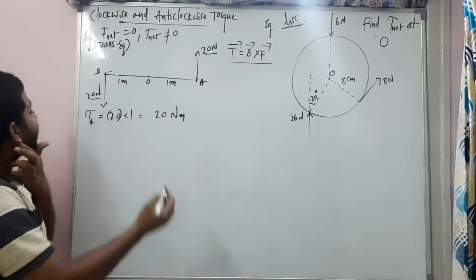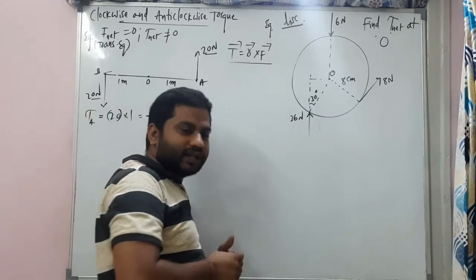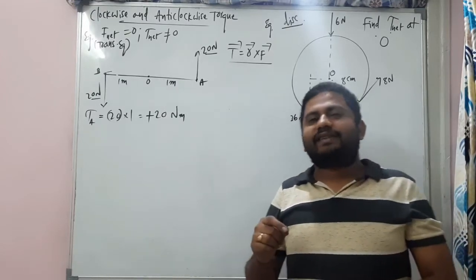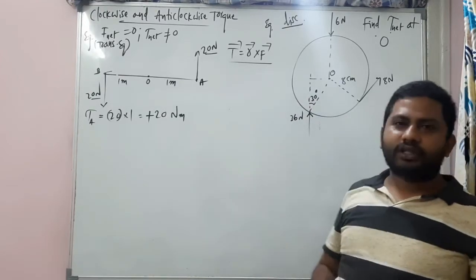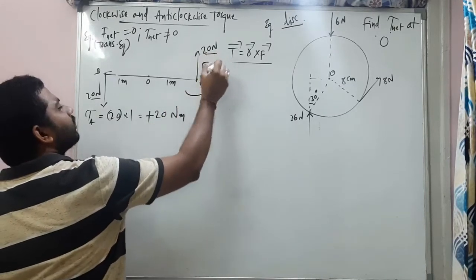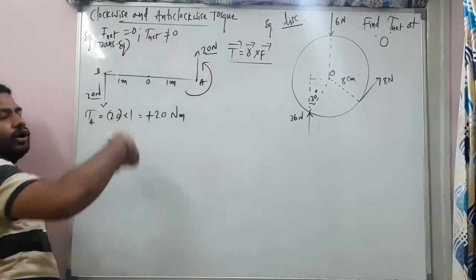When the torque is directed out of the plane, that's called a positive torque, my dear students. Once again, when the torque is directed out of the plane, that's a positive torque, and this is the direction in which this particular portion of the rod is moving, in the anti-clockwise direction.